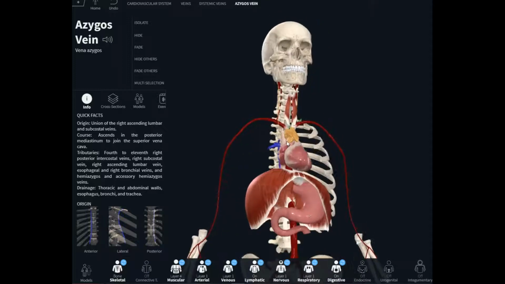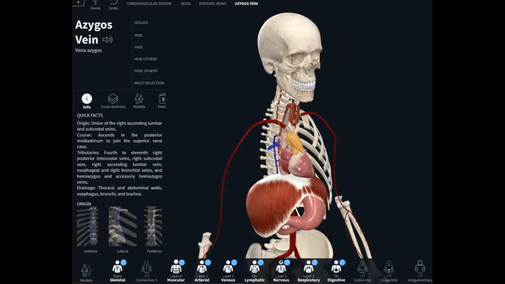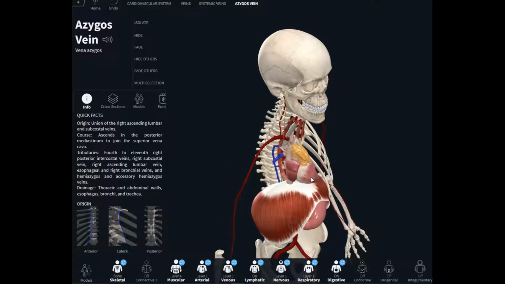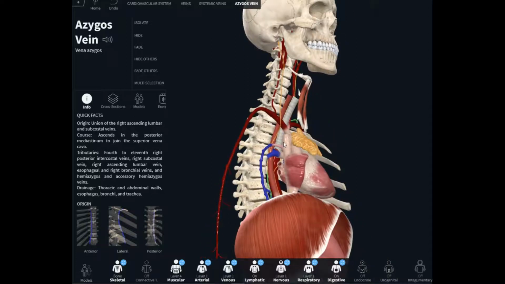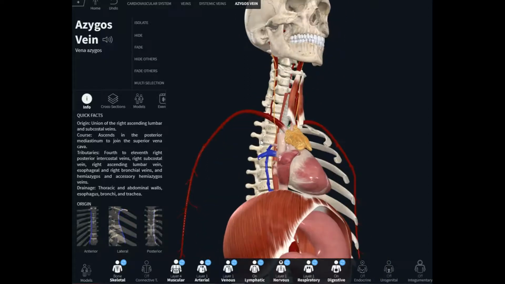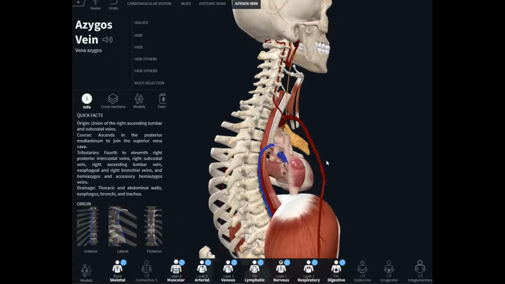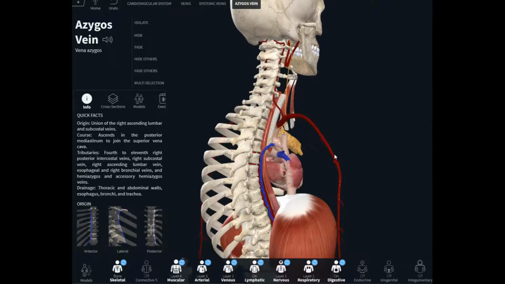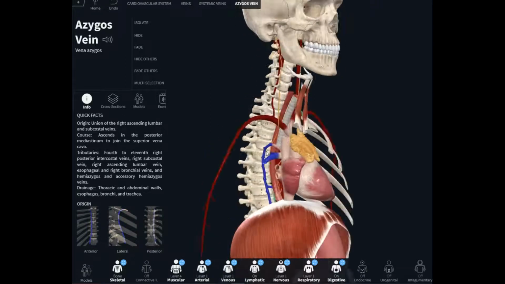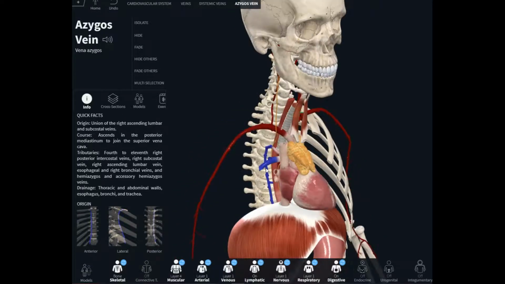Moving on to the organ relations. It covers most of the mediastinum, so most of the mediastinal organs are in relation with the thoracic aorta. The first thing we can observe here is the heart, although it's not in direct relation, because most of the heart is covered by the pericardium. There is a barrier between the heart and the thoracic aorta.